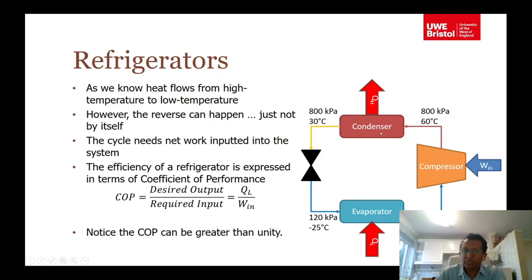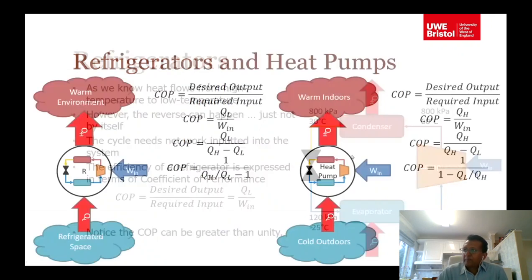That is always more than 1 if it is a heat pump. For a refrigerator, your useful work is the heat that has been absorbed by the evaporator, so your coefficient of performance should be QL divided by W in.